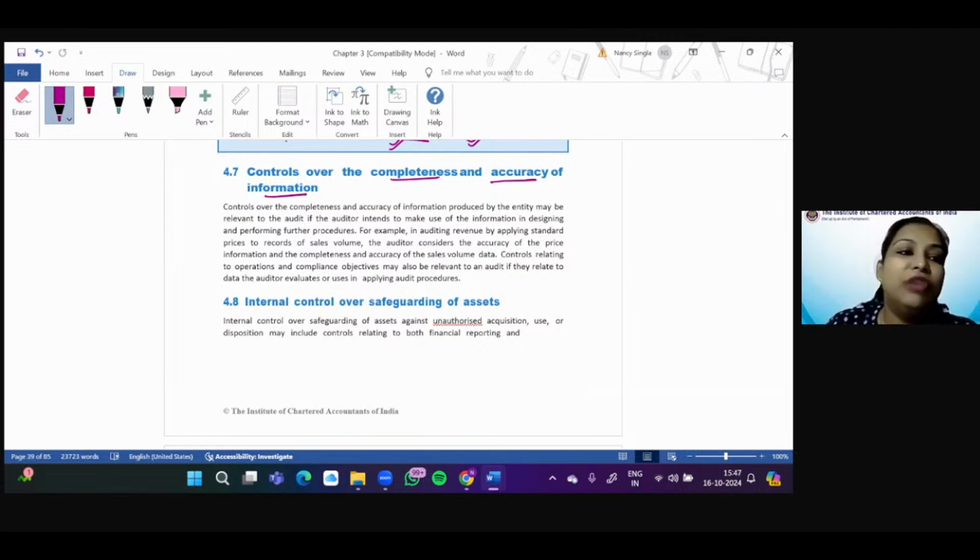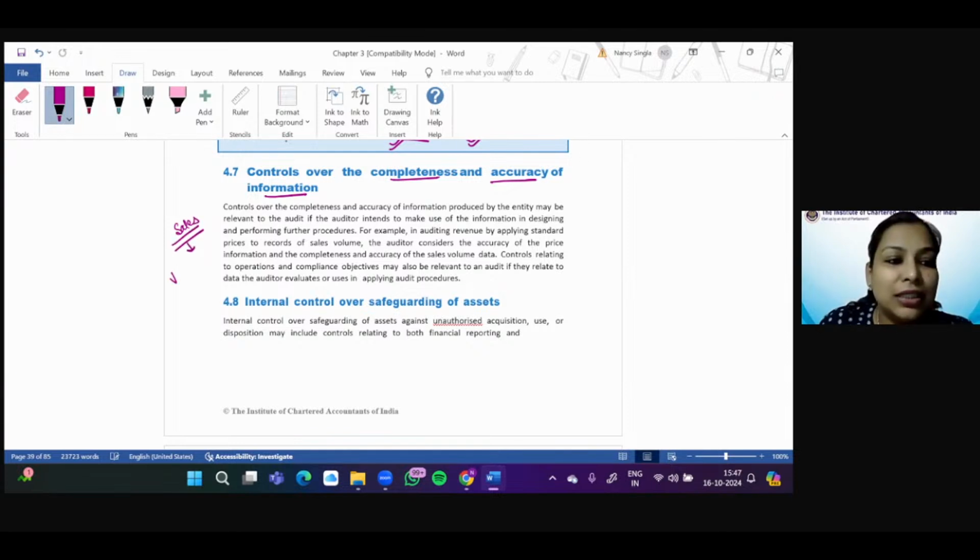So let's say the auditor is applying an audit procedure whereby he is performing what? Analytical procedures. We will be doing analytical procedures in detail when we do SA 520. But if you remember, I told you in the last session, when the auditor is calculating ratio analysis, or let's say he has to see whether the sales amount is correct or not.